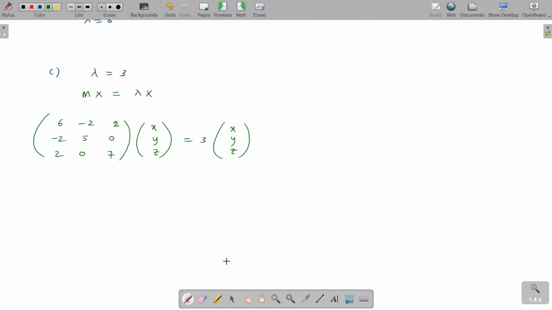How does it simplify? 6x minus 2y plus 2z. Here you get minus 2x plus 5y plus 0. Here you get 2x plus 0 plus 7z. 3x, 3y, 3z.